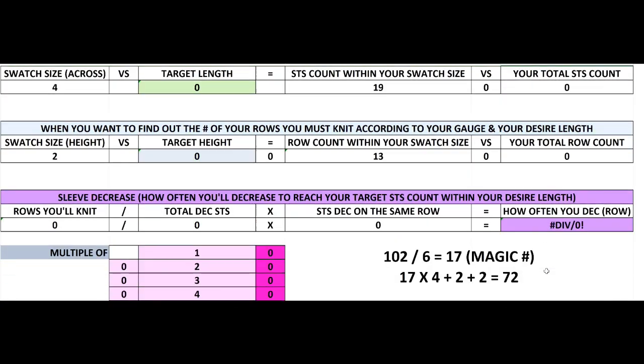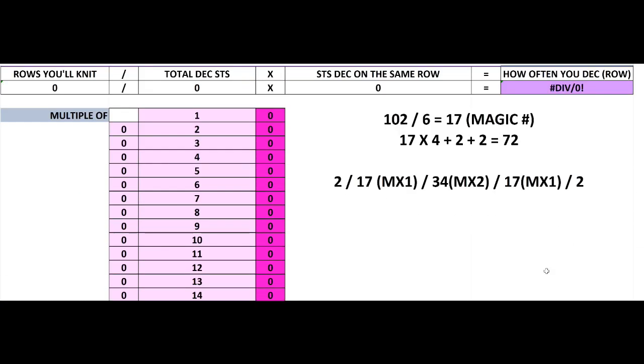Let's go down. First of all, I have to pick a number that is a multiple of 6. So right here, I am going to put 6 and enter. Then try to find the number close to 104 or 105.